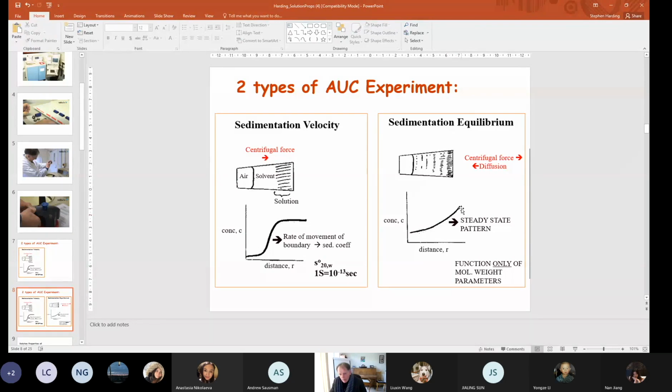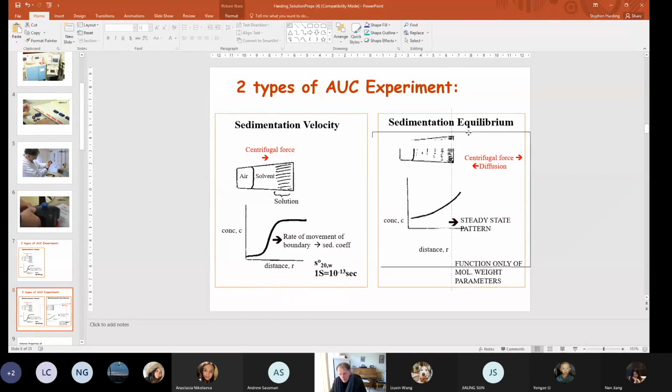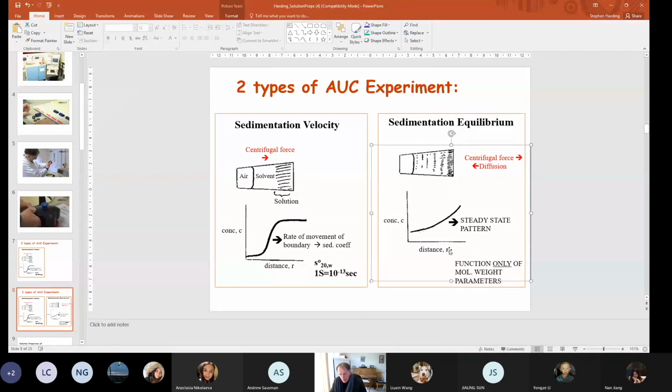So this pattern is purely a function of the molecular weight and not of the conformation. Whereas the sedimentation coefficient is a measure of the molecular weight, the size, and the conformation, because the sedimentation rate depends on both.